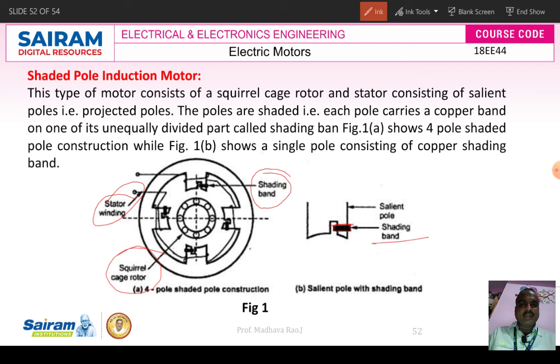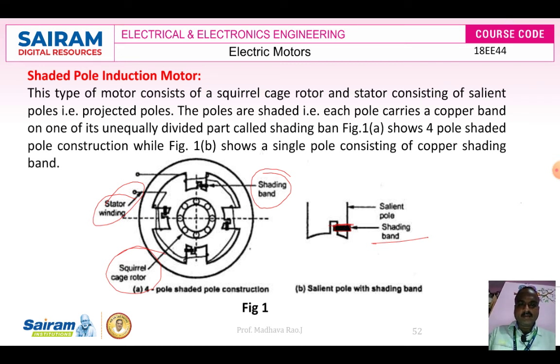To eliminate flux interactions, we are using this type of shading band. Here we are using a copper shading band, as we can see in this figure.